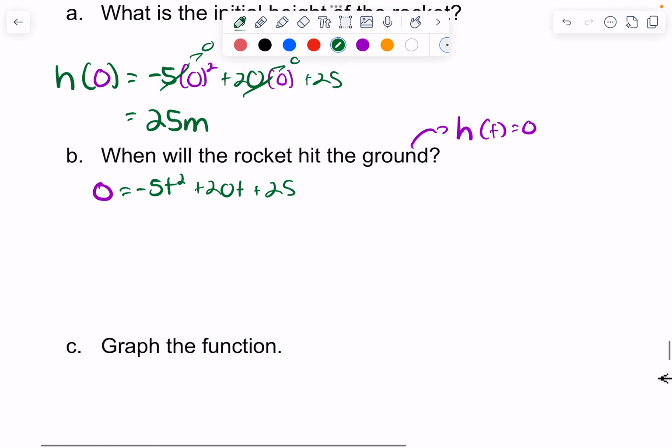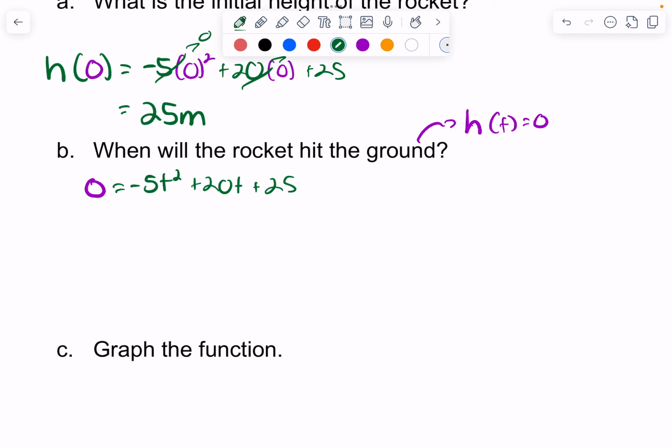Let me zoom in a bit here. Well, this looks awfully familiar from the previous lesson. We have 0 on one side of our equation, and we have all these unknowns, these t's here. Well, in order to solve for those t's, we are solving a quadratic by factoring.